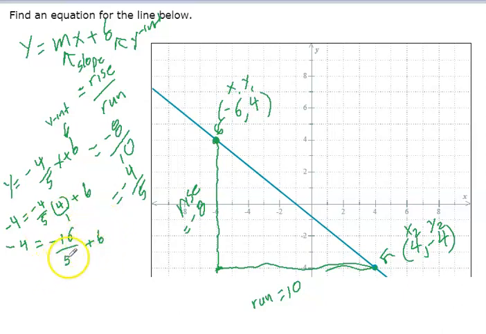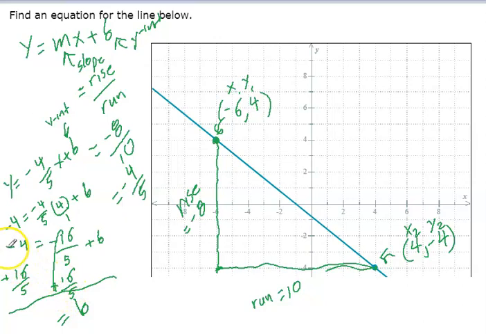Now, to get b by itself, we want to go ahead and add 16/5 to each side. Of course, the 16/5 cancel off on this side, so we bring down the equal and the plus b because the -16/5 cancel off.